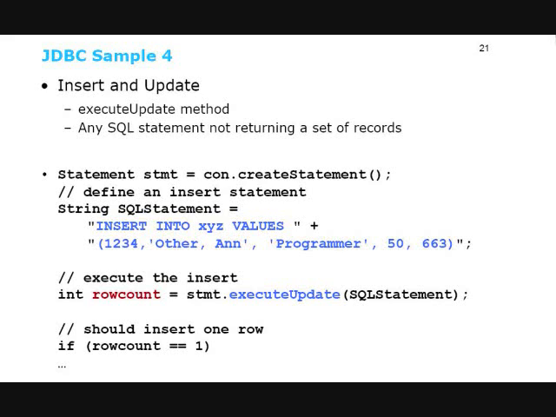Up until now we have used executeQuery, which returns a result set. If we want to do an update or an insert, we use the method executeUpdate, which returns an integer. I pass it the SQL statement, and if this worked correctly, then I should have only updated one row. So if rowCount is equal to 1, I could say it inserted correctly, because I expect rowCount to be 1, since I've only updated one thing. If I did more, I'd expect more.